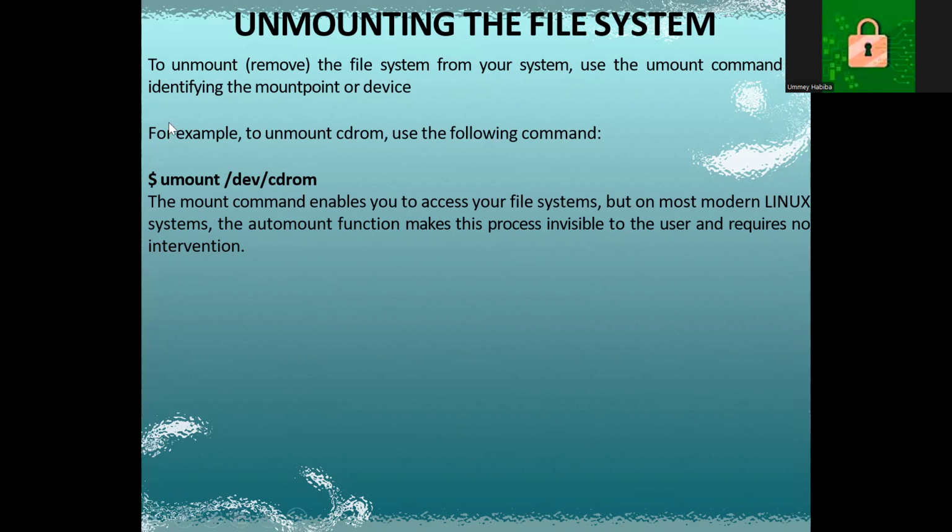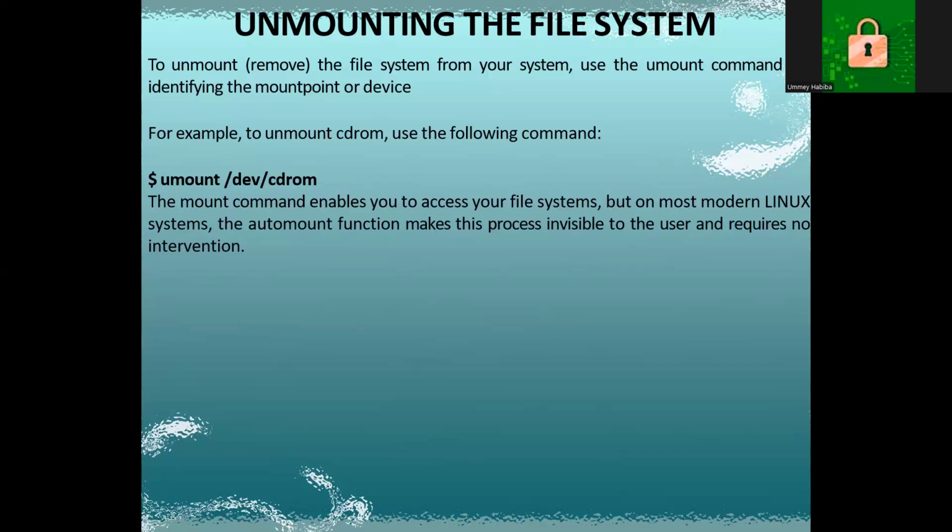This is the command used to unmount the device. Unmounting removes this connection so that the device is no longer accessible through the file system. This process is important when users want to safely remove an external storage device or stop using a particular file system.